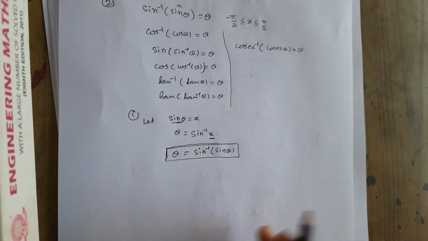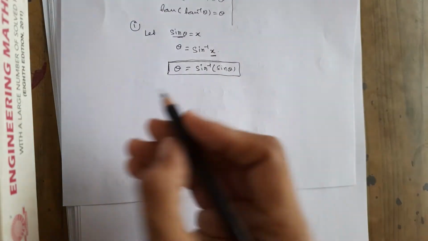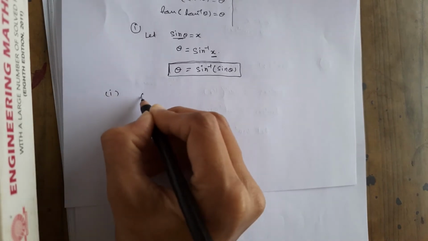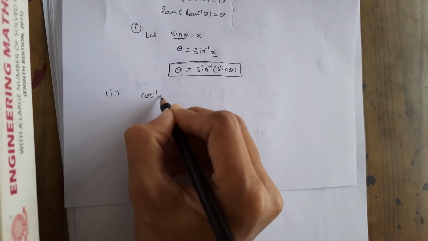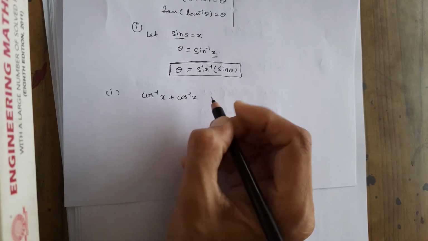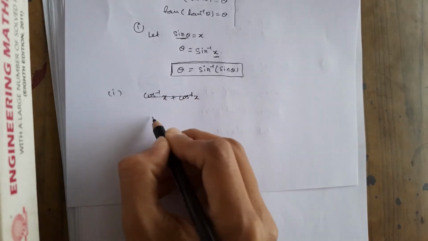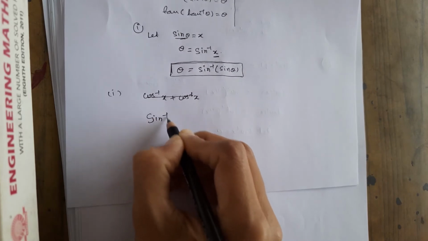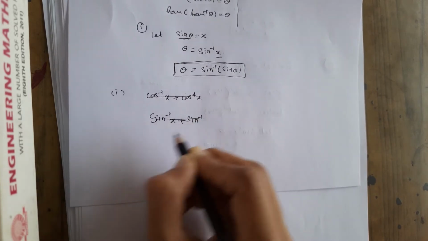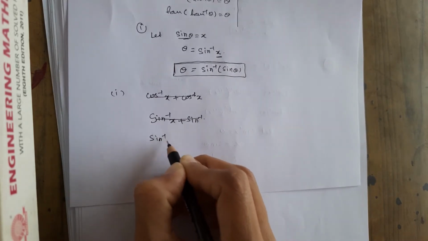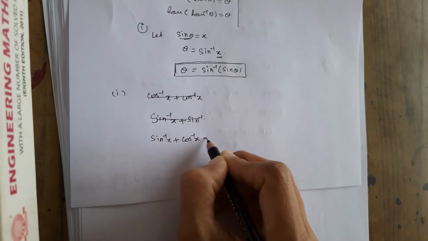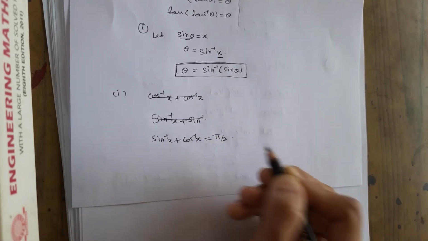Okay. Now the next property that I want you to discuss is sine inverse x plus cos inverse x equal to pi by 2.